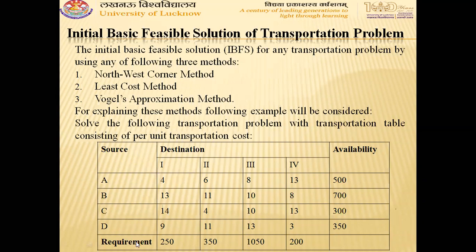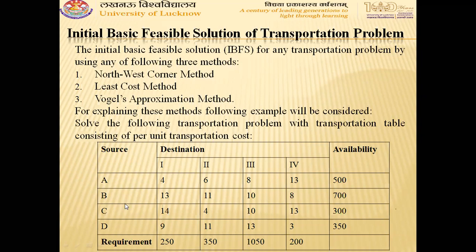In the table, the first column shows the sources, the second to fifth columns show the destinations, and the sixth column shows the availability at the sources. The last row represents the requirement at each destination.